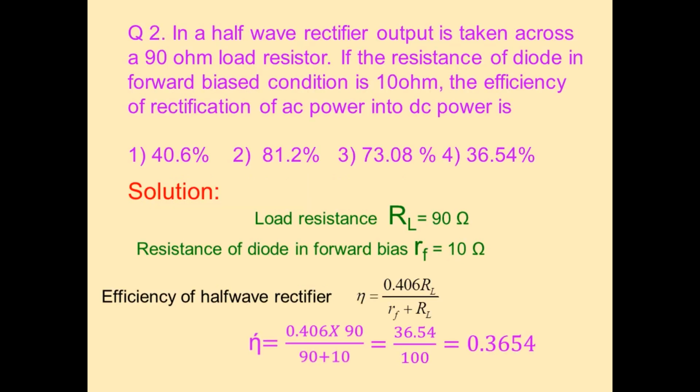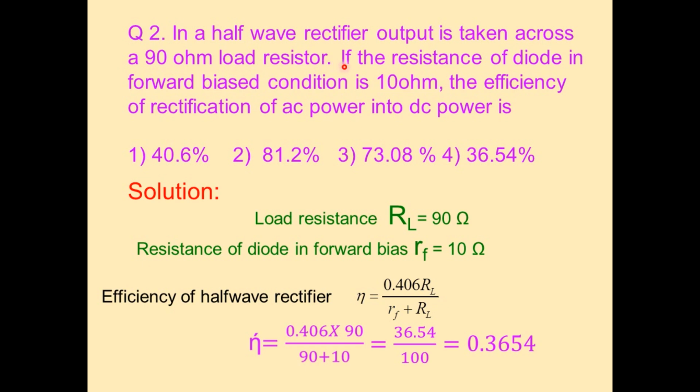Next, move on to the second question. In a half wave rectifier, output is taken across a 90 ohm load resistor.